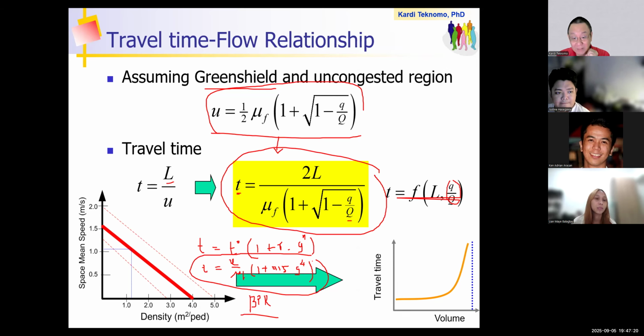Any question up to here? So what we are doing here is deriving the formula to connect travel time and congestion.